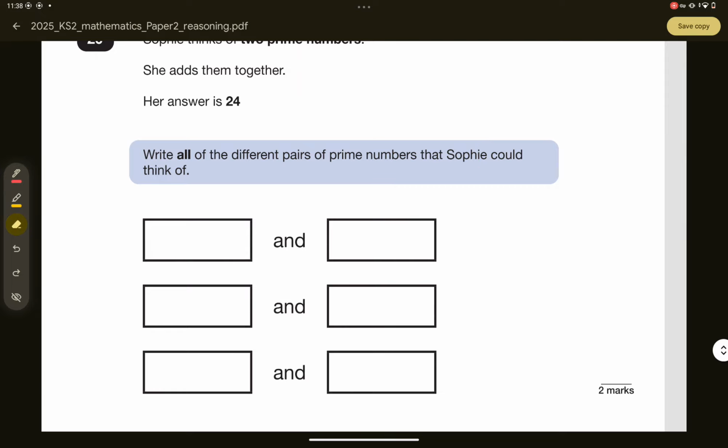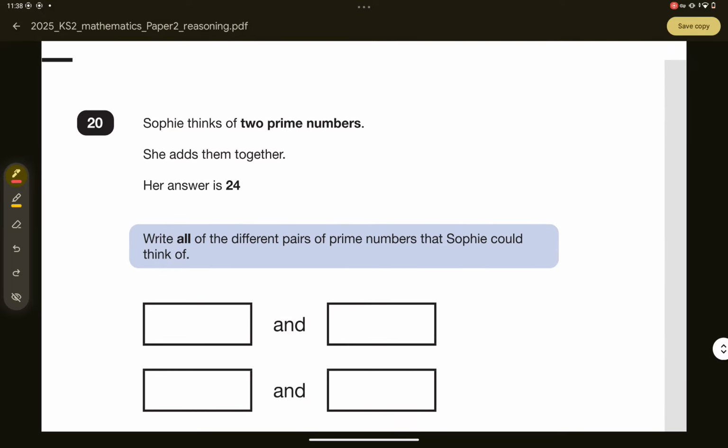And a prime number is a number with two factors, which is like, for example, 12 times 6 equals 72. The factors of 72 are 6 and 12. So, and a prime number is not in the 2 times table because it's an even number.